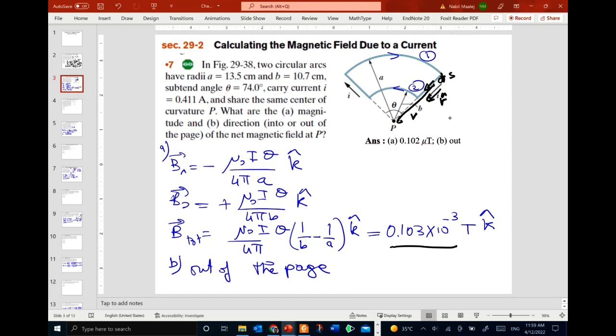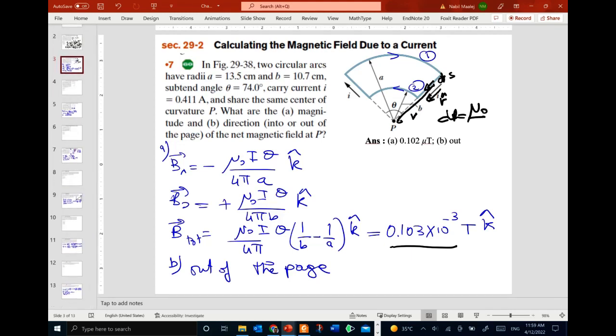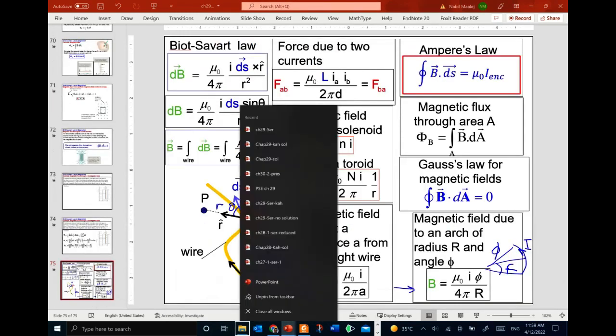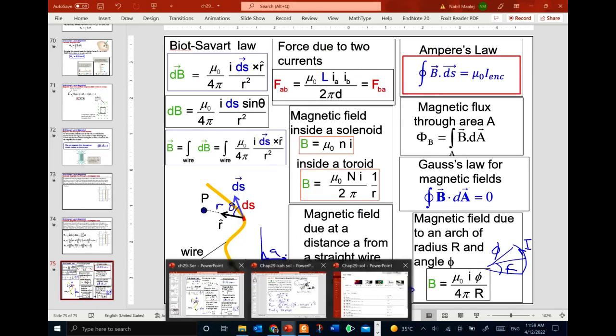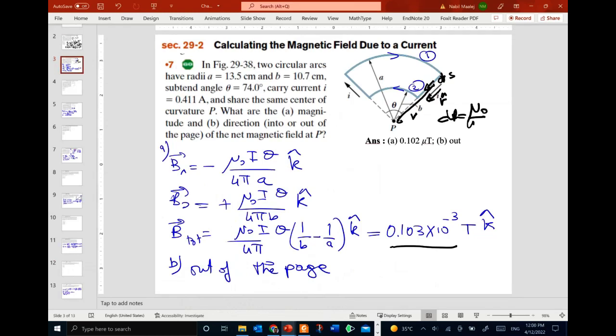So remember from the Biot-Savart law, it says B is equal to mu 0 over 4 pi, I ds crossed with r hat divided by r squared. ds crossed with r, that means ds r sine of the angle. Sine of 0 exactly is 0.